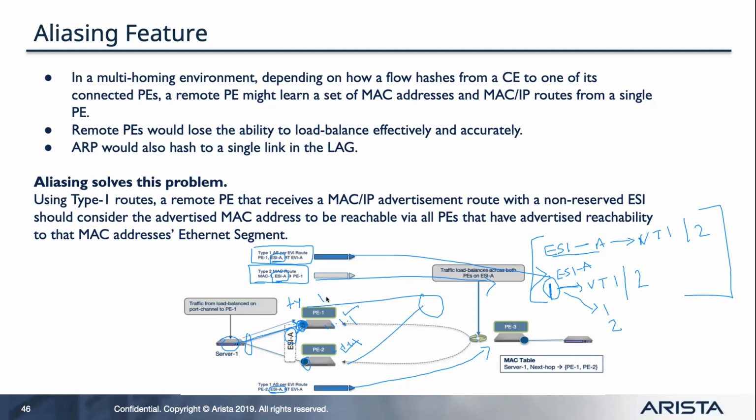But in this case, the VTAP IP is different. One is 1111, the other is 2222, so you need to have a route for both of these. Basically, you need MAC reachability for both, and that's how, by using this type 1, you will install that route. Okay, any question?